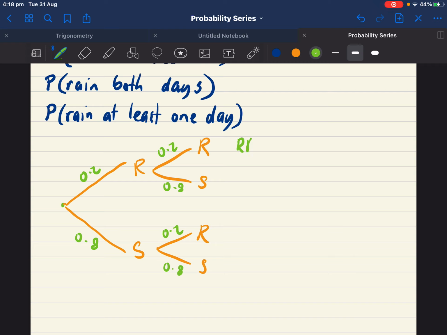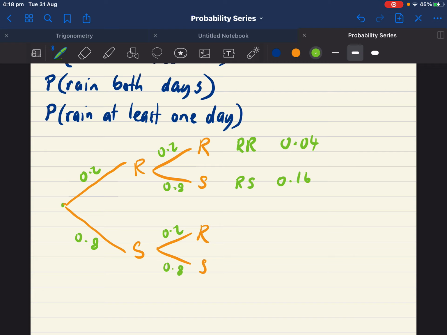So the likelihood of getting rain on both days, again, you multiply the numbers along those arms together, and you should have got 0.04. In other words, a 4% chance of having rain on both days. Rain and then sunny, multiplying those, you would have ended up with 0.16.